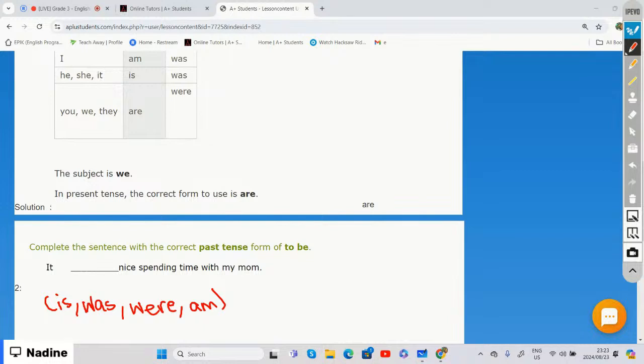So we need to choose the correct past tense form of the word to be.